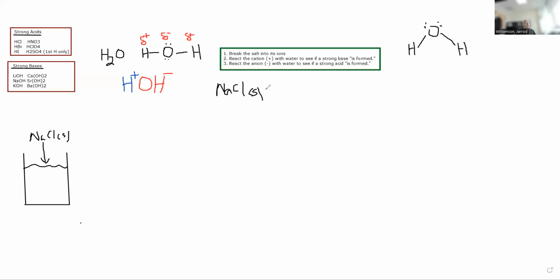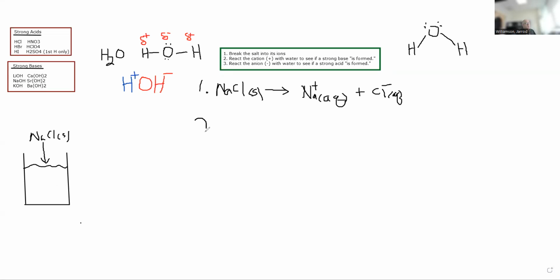And I put this into water. It's going to break up into Na plus, aqueous, plus Cl minus, aqueous. That's step one. So now, in the first instant, I've got sodium ions floating around in there and chloride ions floating around in there.